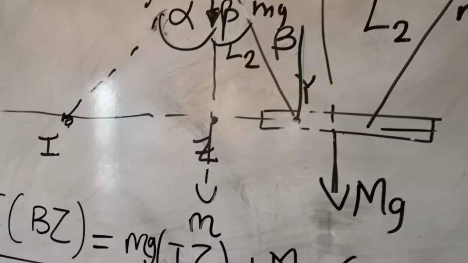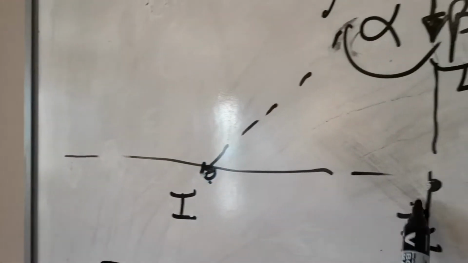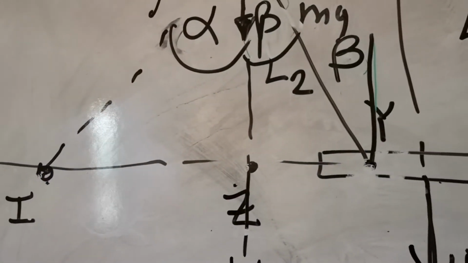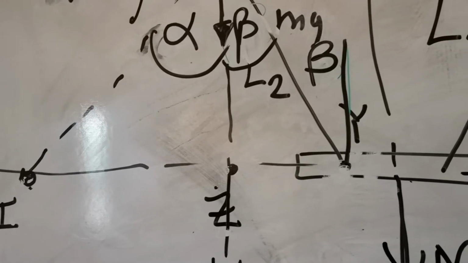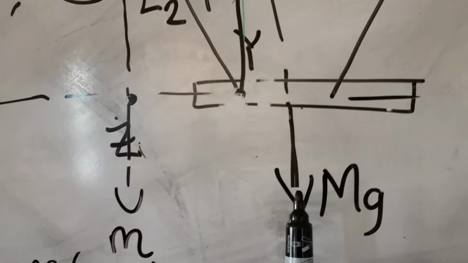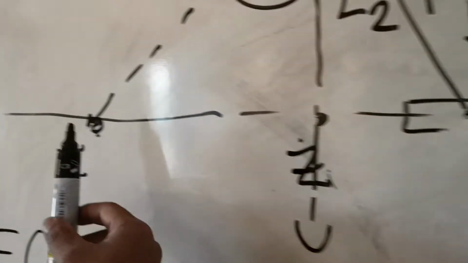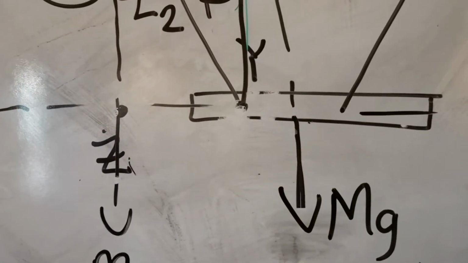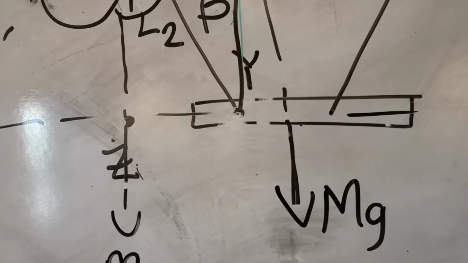You would also have to work out the distance from here to here for the little mass, IZ. And then you'd also have to work out the distance from the center point to that point, which would then be I.